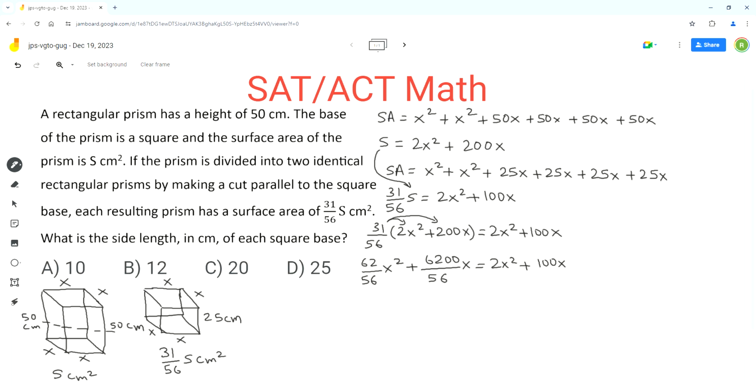Next, we can reduce these fractions. 62 over 56 can be reduced to 31 over 28. We can reduce the numerator and the denominator by 2. 6200 over 56 can be reduced to 775 over 7.